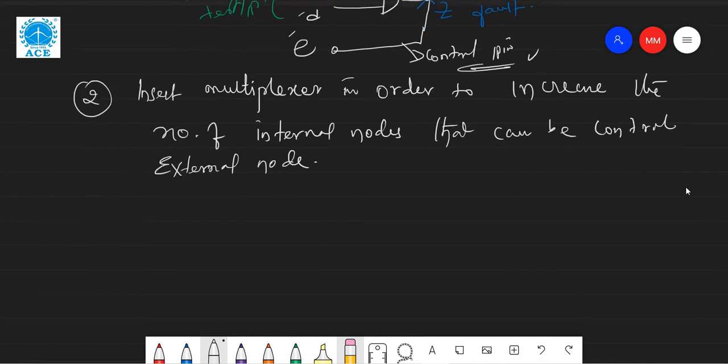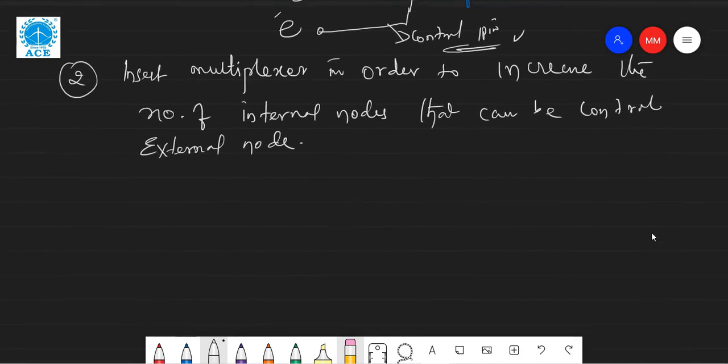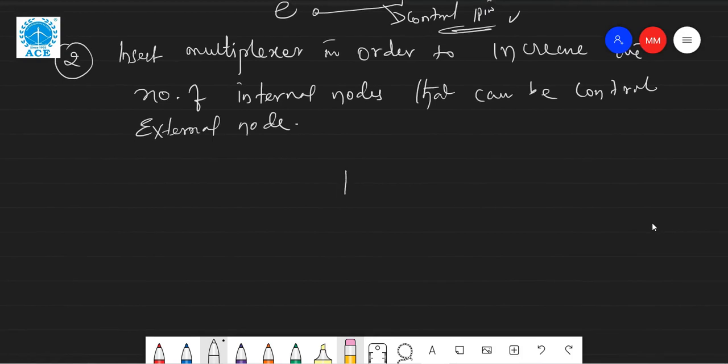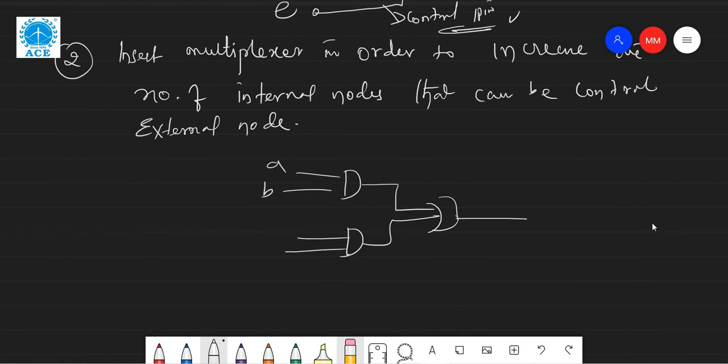One example I would like to give here also: how will the design support the same circuit? If I give the same circuit with the OR gate and these inputs, in this case we need to insert or add a multiplexer. Here, this is the mux, a 2 into 1 mux in this case, though it could be 4 into 1.